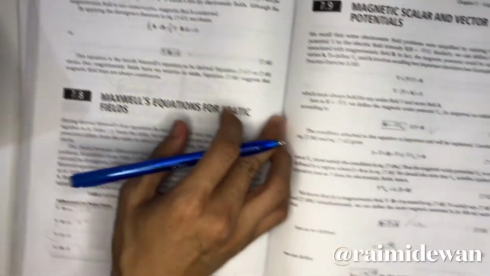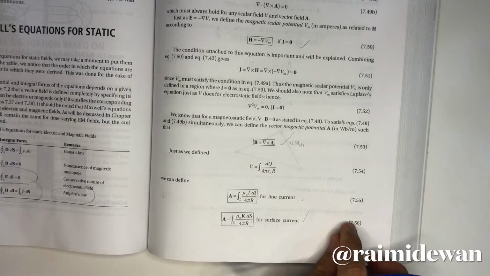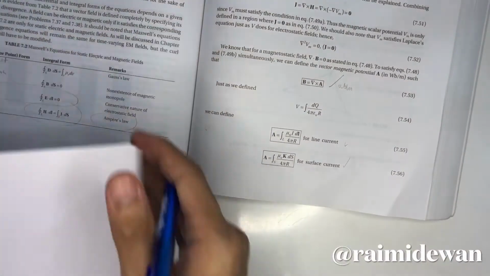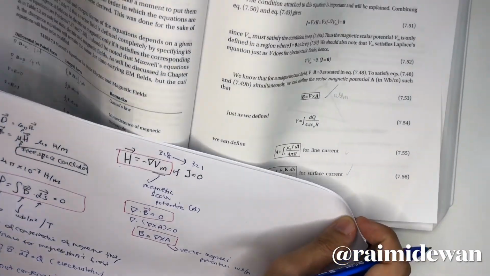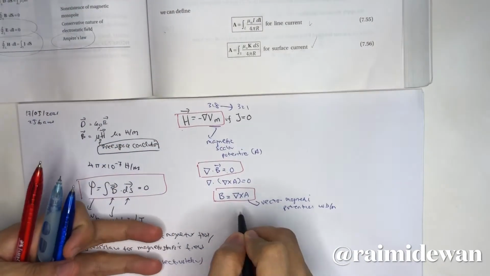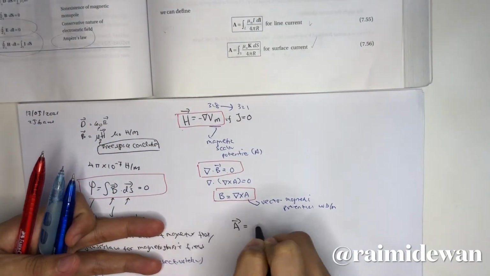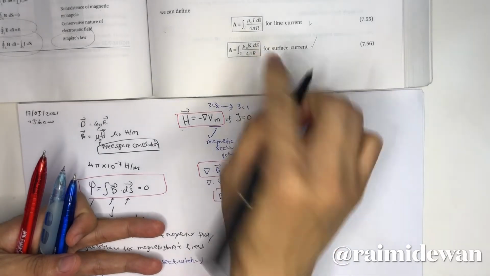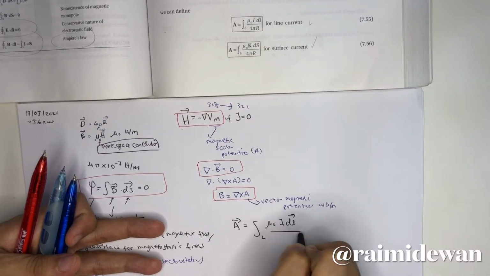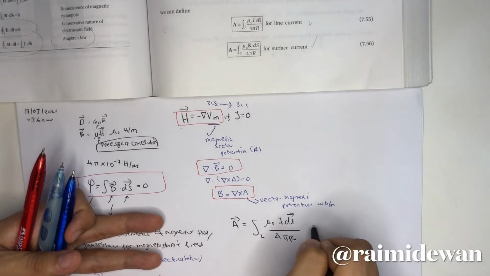You may see from 755, 756, or 757 the possible equations according to the type of current that you have. But let me just rewrite them again. If you have lines, because it's line current, A equals mu naught I dl vector over 4 pi r. This one is for line current.